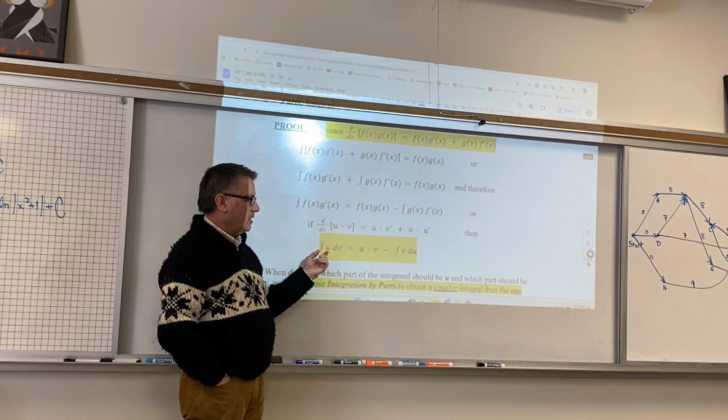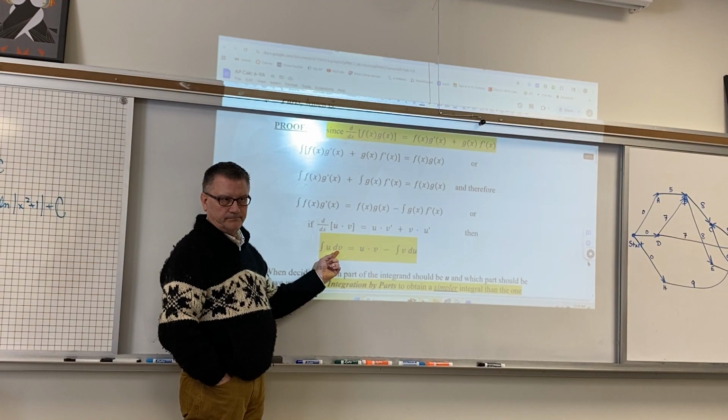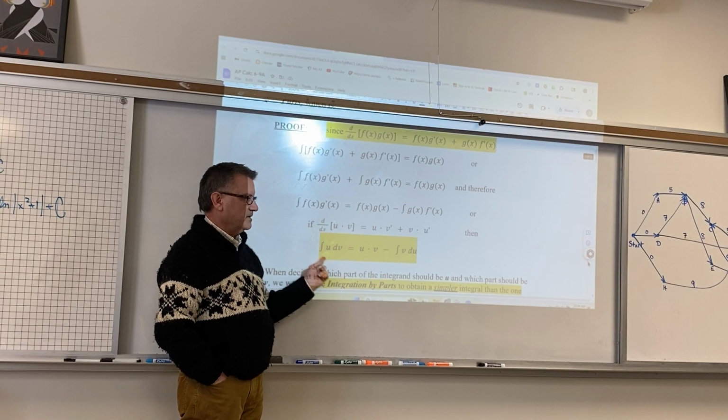Once we go through a couple of them, you'll see. But I need to pull out, I'm going to get an integral of something, and if you want to try this method, you need to make part of the integral u and part of it dv. And then this is how I can take the integral of this thing that I've divided into u dv.